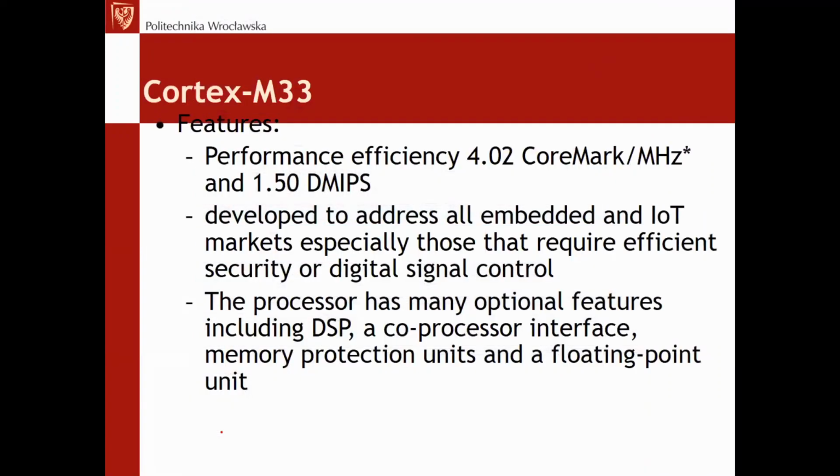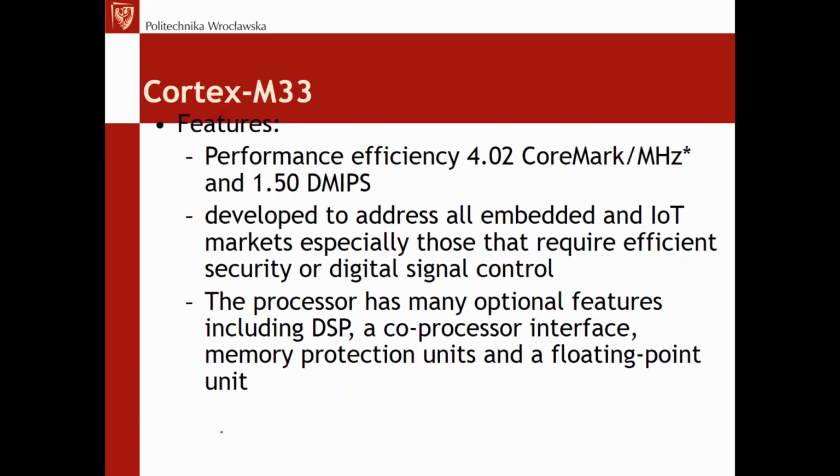Theoretically, it has slightly better performance calculated with CoreMark. In case of Dhrystone, the performance hasn't changed, or is even slightly worse than in case of M4. So all in all, slightly better features, but a similar core. And there are some hardware units already available with the M33 core on the market.